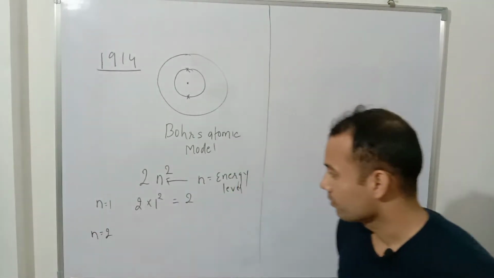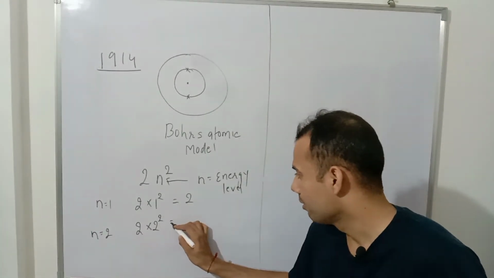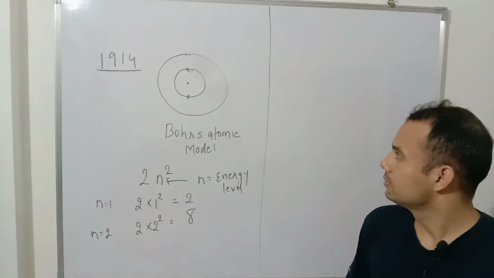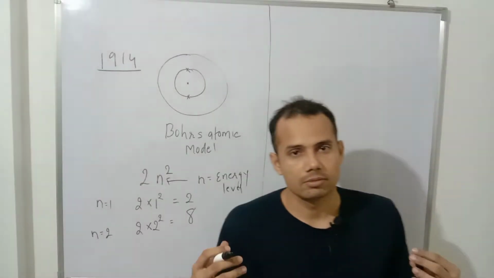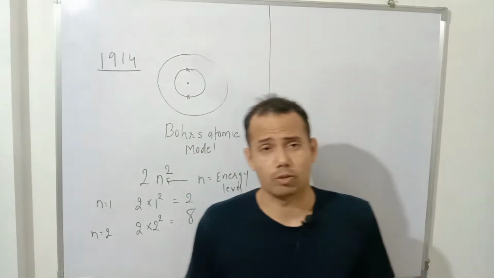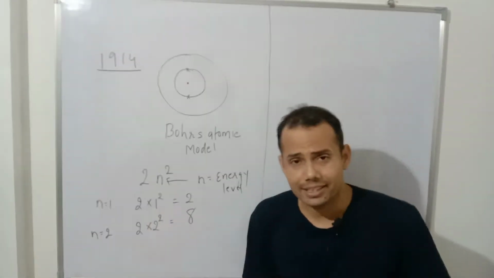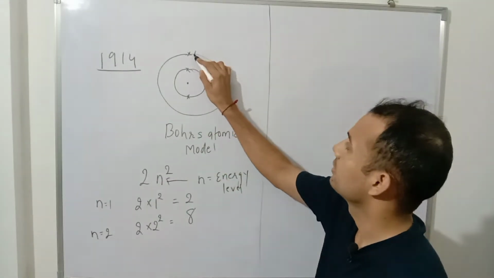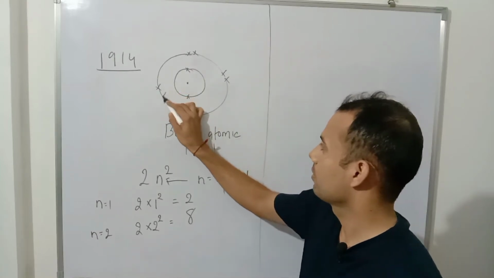Now if I take n equal to 2, then it becomes 2 into 2 squared, which is 8. So the second orbit has a capacity of 8 electrons. If I indicate those electrons by cross or dot, then I can indicate it in this way.